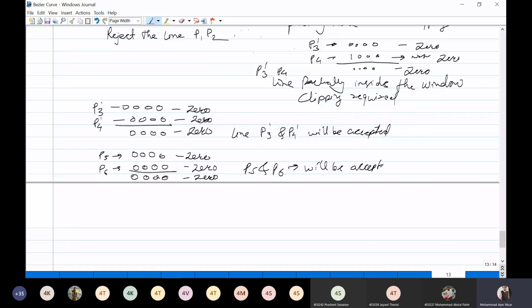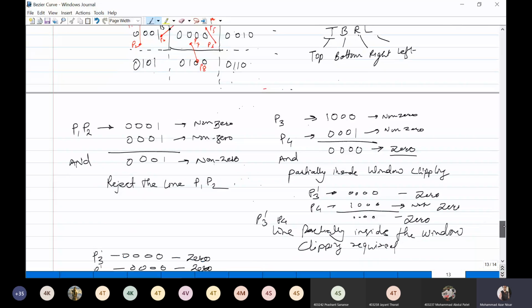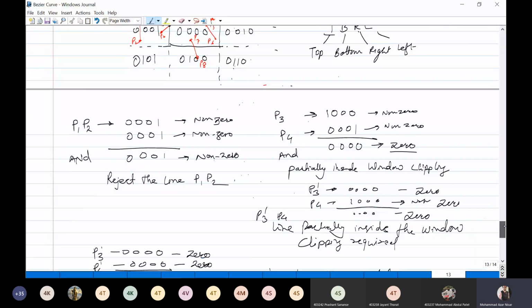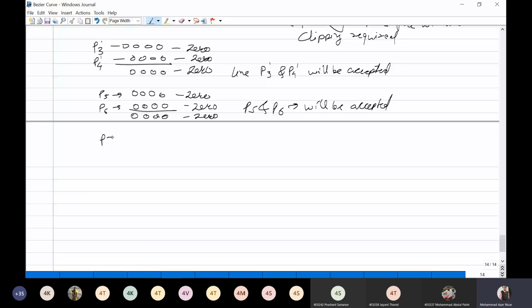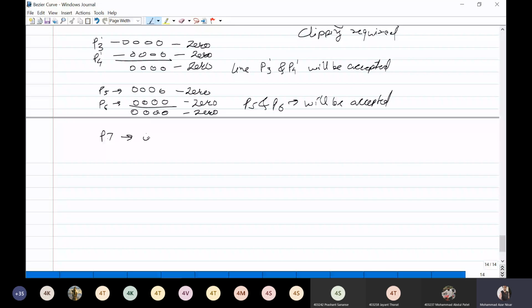And for the last line, that is P7 and P8. P7 is 0, 0, 0, 0 and P8 is 0, 1, 0, 0.